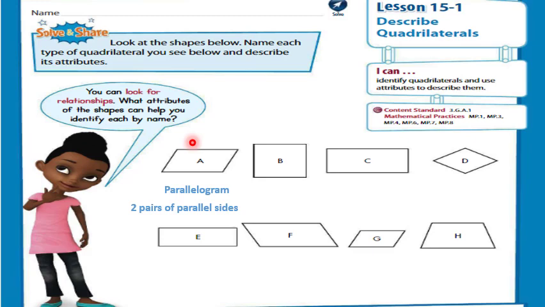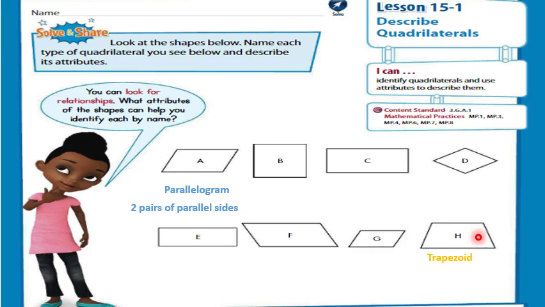Okay, now let's have another example. Let's have this shape H. So quickly tell me, what is the name of this shape? Excellent, it is a trapezoid. Now what are the attributes?